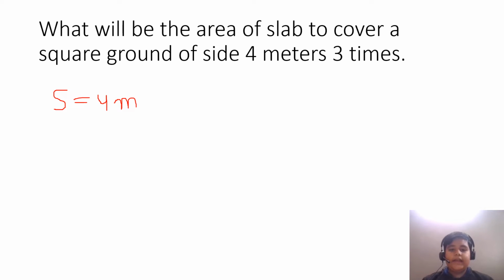Now it's saying that we have to take out the area of that. To take out the area of a square, we have learned in a previous slide that the formula is side into side.